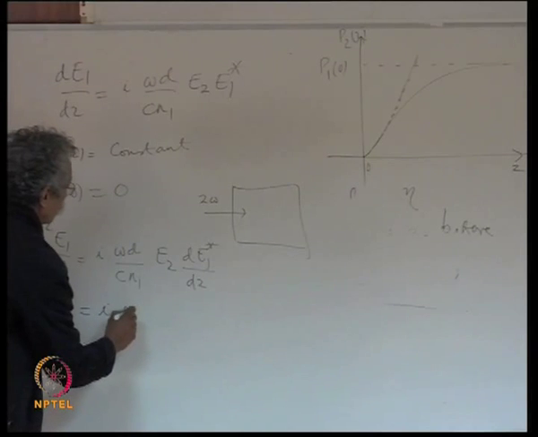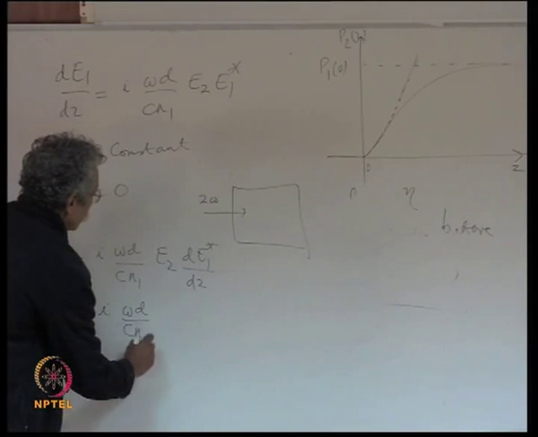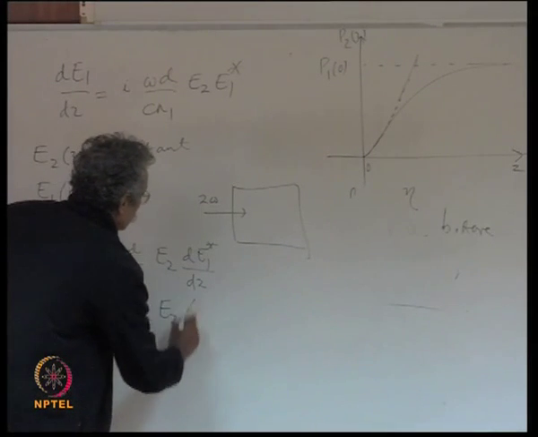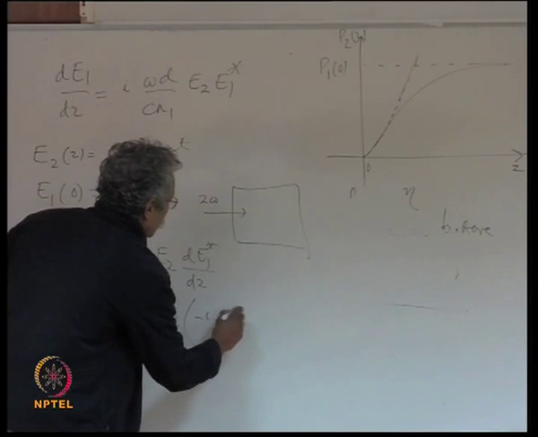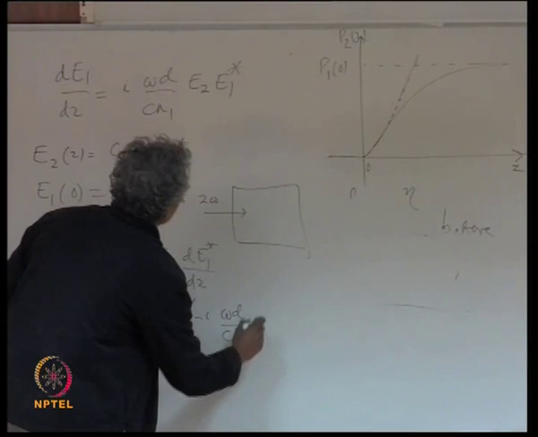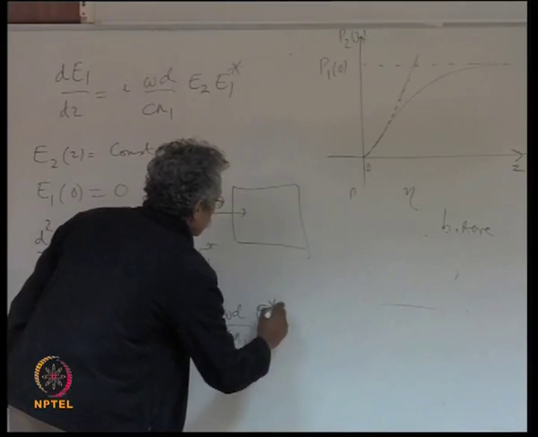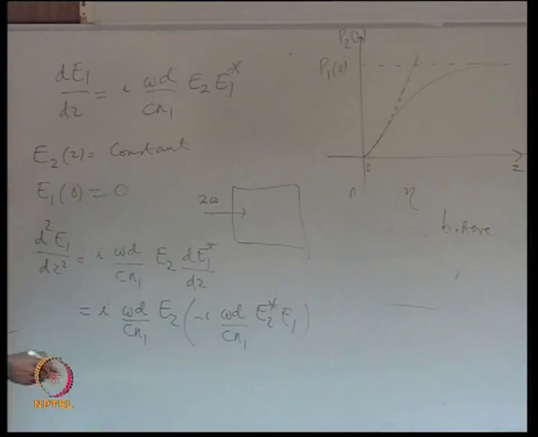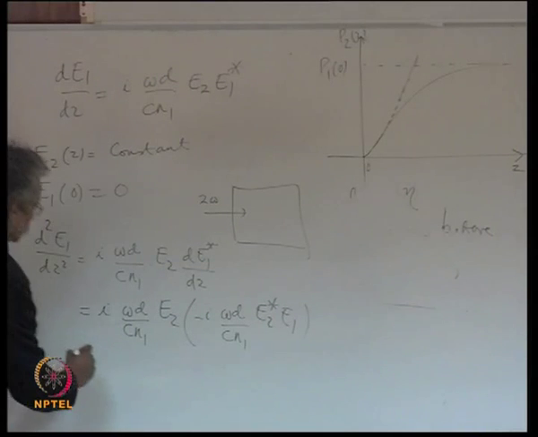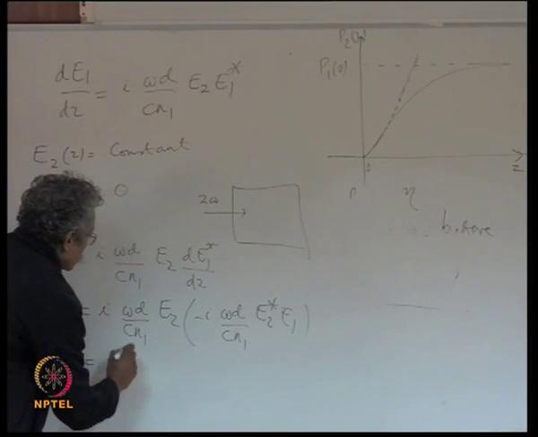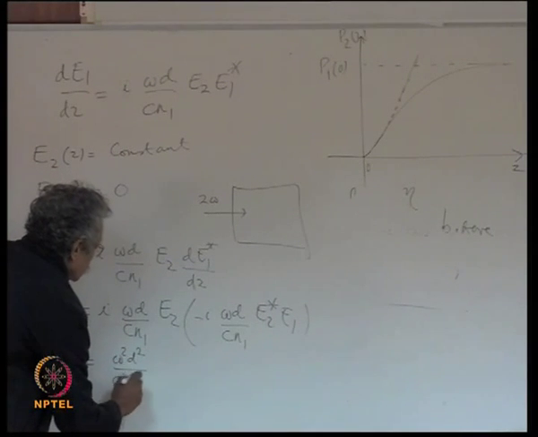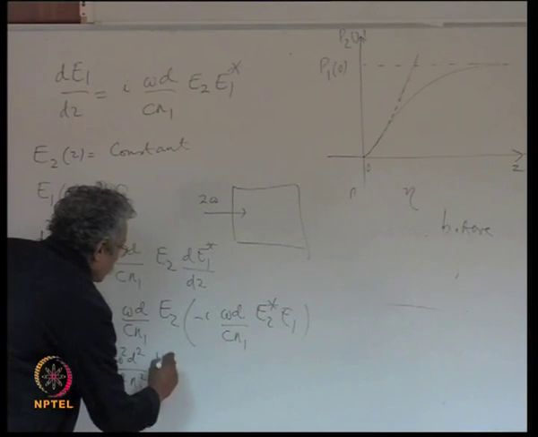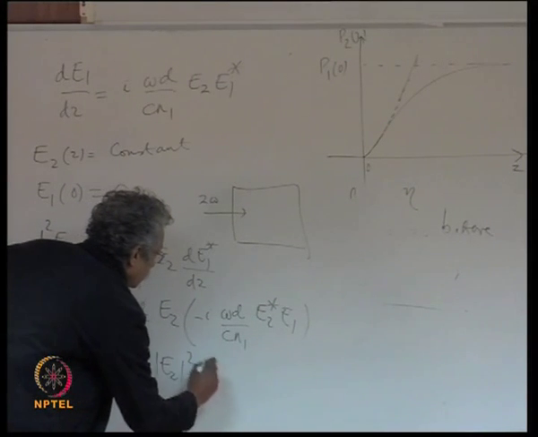So I omega d by Cn1 E2 into minus I omega d by Cn1 E2 star E1, which is equal to omega square d square by C square n1 square mod E2 square into E1.